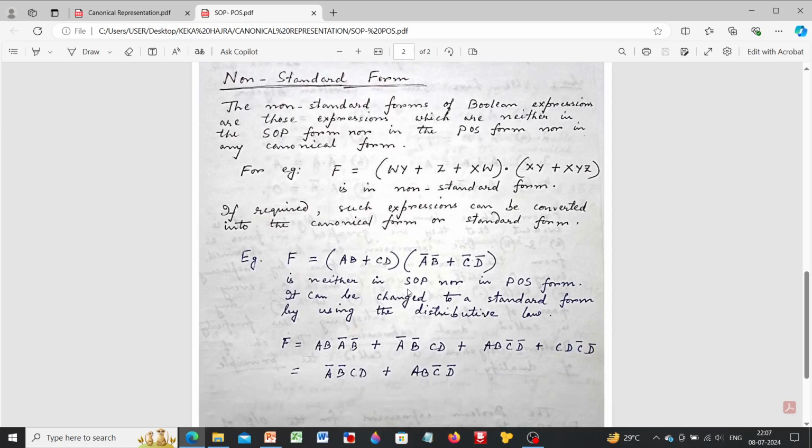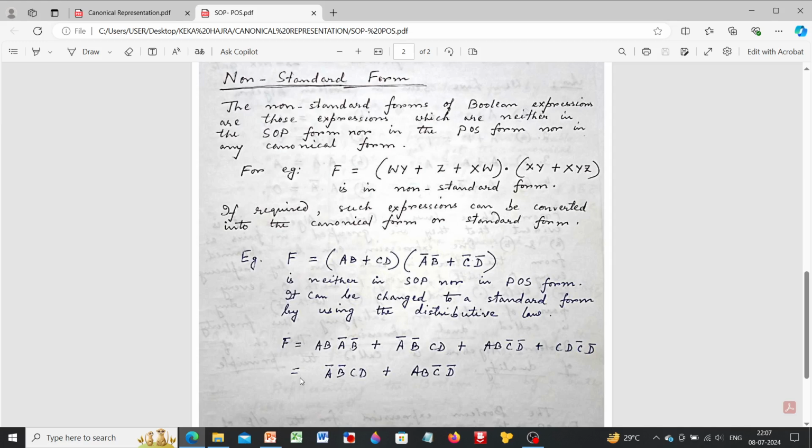This expression is neither in SOP nor in POS, but we may convert it to a standard form by using the distributive law. So f equal to, if we logically multiply, ab a bar b bar plus ab c bar d bar plus a bar b bar cd plus cd c bar d bar. So first term and last term go to 0.